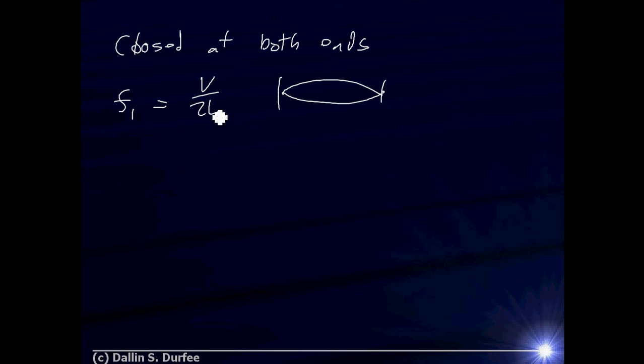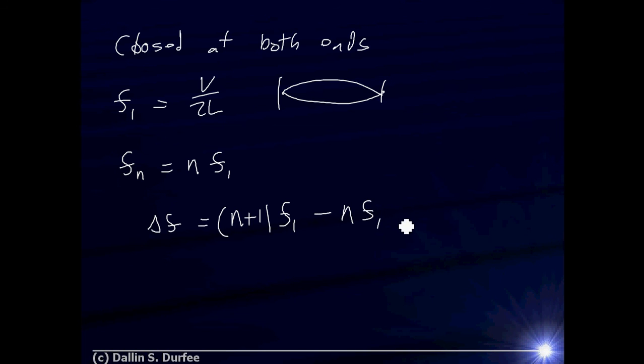So it's just V over 2L. And the frequency of the nth harmonic is still n times the frequency of the first harmonic, but now I get all harmonics. So the difference between the frequencies of adjacent modes is just the frequency of the n plus 1 mode minus the frequency of the nth mode. And so that's just f1. So the spacing between modes is just f1.